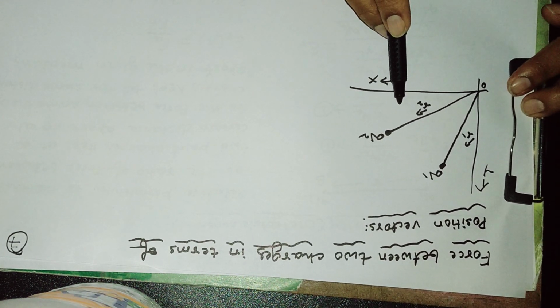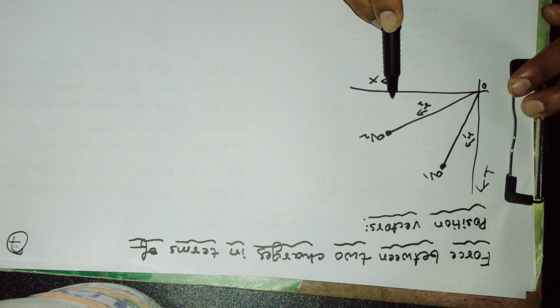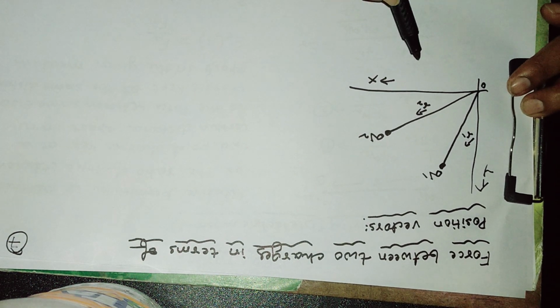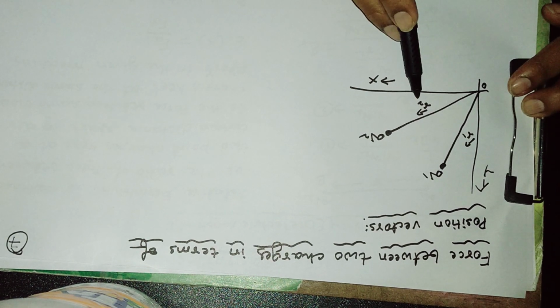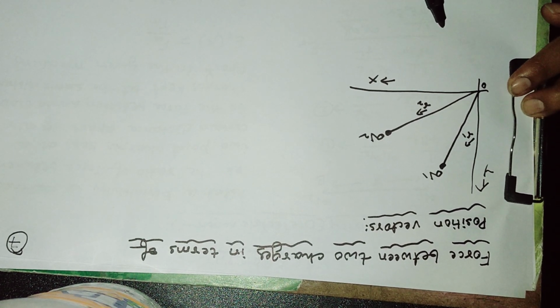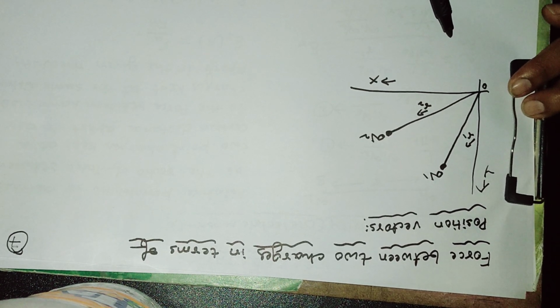Also, we will consider that q1 and q2 are like charges. See, if q1 and q2 are like charges, you know that essentially a force of repulsion acts between them. So q1 will be repelled by q2 and q2 will be repelled by q1. Now I will consider the force acting on q1 due to q2.